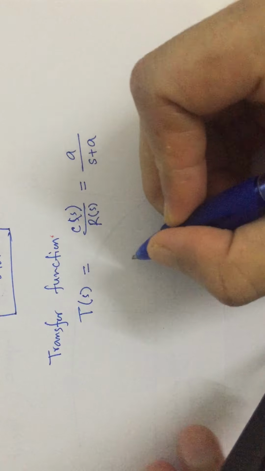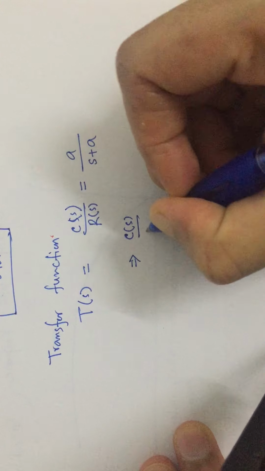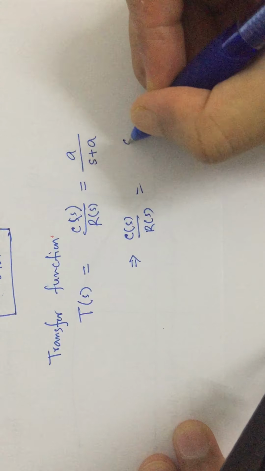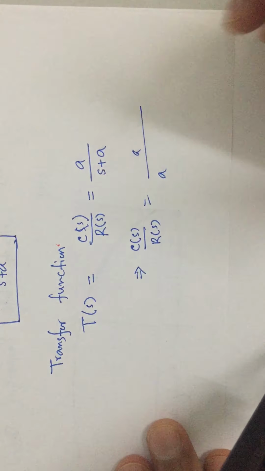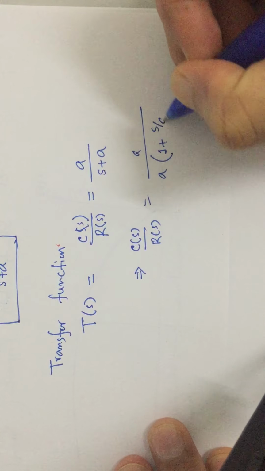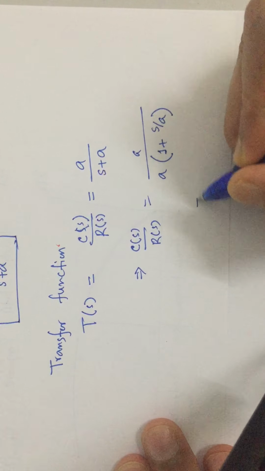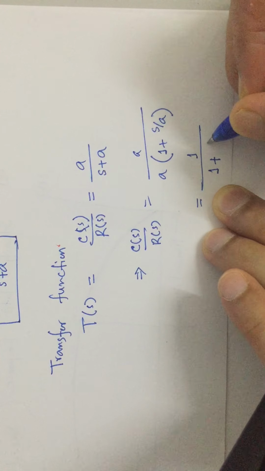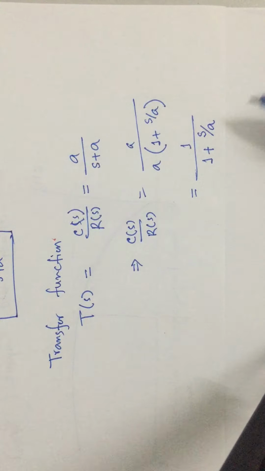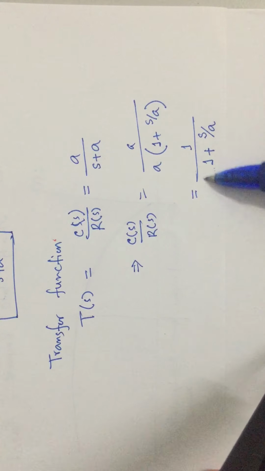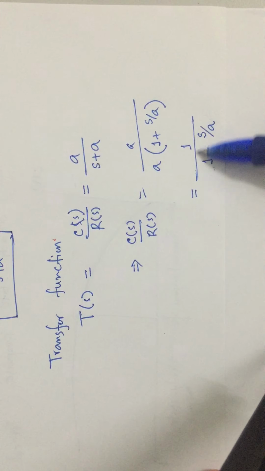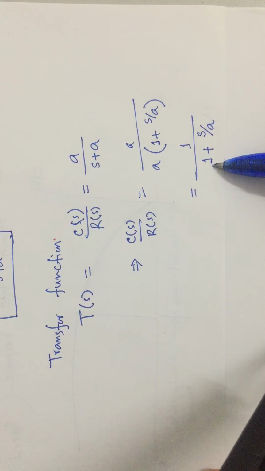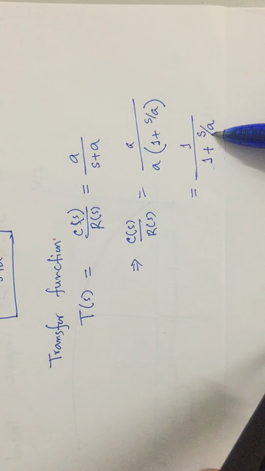So see further, C of S over R of S equals A. If I take A as common, it will be 1 plus S over A, so it will be 1 over 1 plus S over A. At the denominator, the power of S is 0 in the first term, and in this term the power of S is 1.